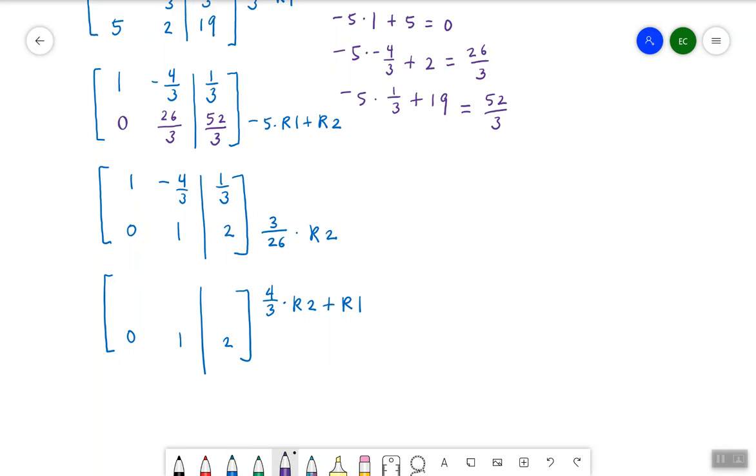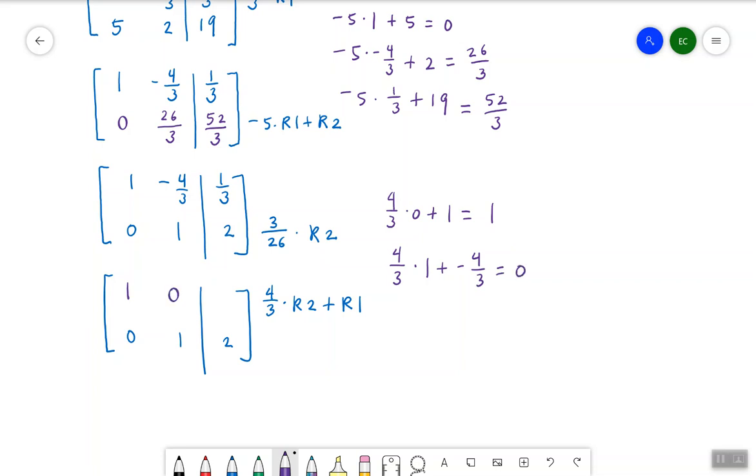And it would be good to come out to the side and to see what those calculations are. So column by column. In the first column, 4 thirds times 0 plus 1 is just 1. 4 thirds times 1 plus negative 4 thirds is 0.